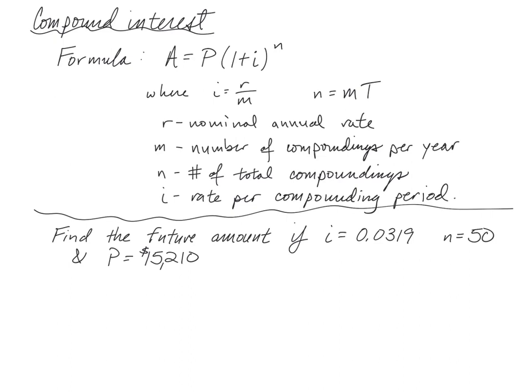I is R, the nominal interest rate, over M, the number of compoundings per year. So that is the rate per compounding period. And we have N, the number of total compoundings. I forgot to define T here. So there we go, we have the number of years times the number of compoundings per year.